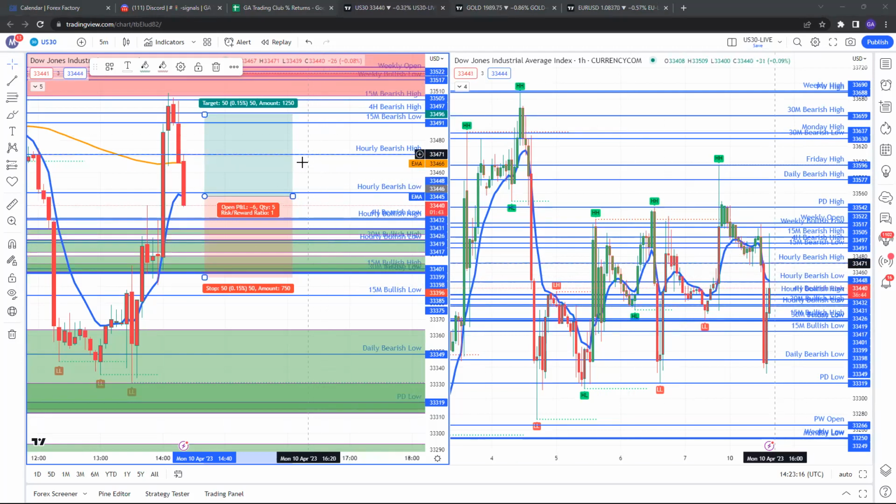If this candle does not close above the 9 EMA, I will not take that buy on US30.